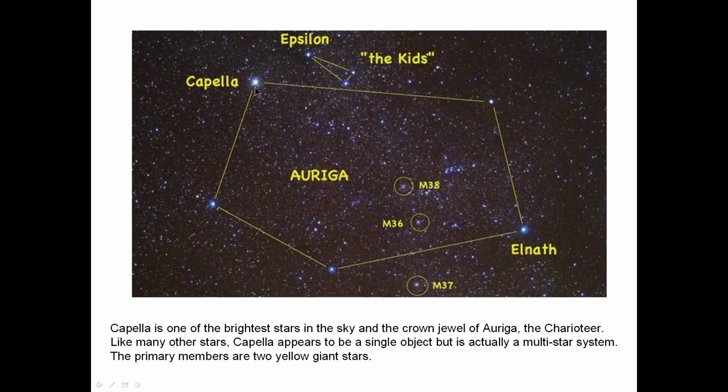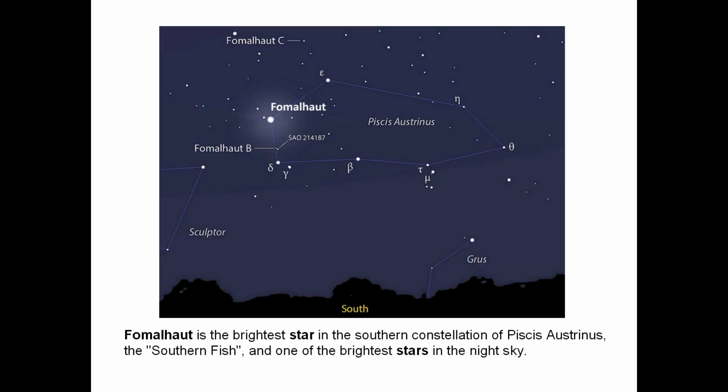So here's Capella in this constellation of Auriga. Then we have Fomalhaut, and it's the brightest star in the southern constellation of Pisces Austrinus, called the Southern Fish. And it's also one of the brightest stars in the night sky.